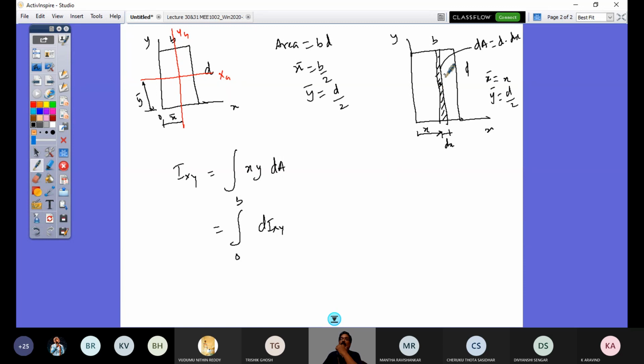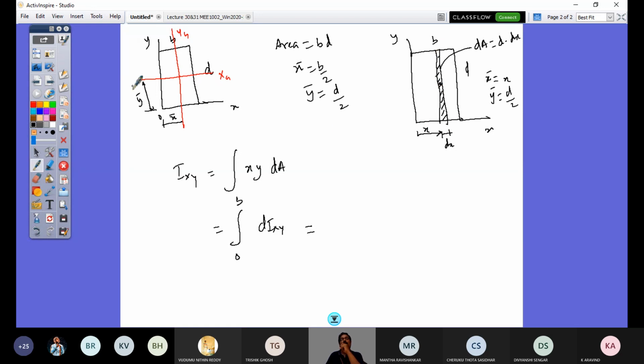I am not taking a small element like that and putting it. Rather, I consider an elemental strip, and I have my dA defined, and the centroid of this element, and if I know for this elemental strip the product of inertia about the xy axis, I will be able to get it for the entire section. So how do I get that? That is why the elemental product of inertia dIxy is written. So dIxy is this for this element about this axis.